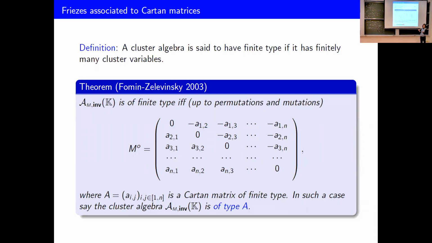This is Rebecca's question. Okay, finite type means, so now you can see this is a very beautiful theorem, right? Finite type cluster algebras are in relation with the finite type Cartan submatrices.